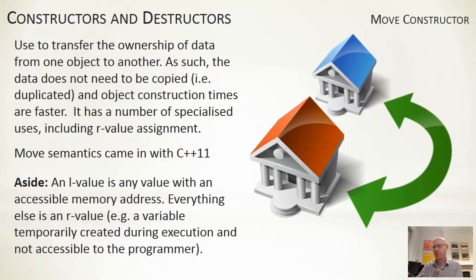Think about the other side, 3 plus 4, or two methods being called to give you an integer and you're adding them together. You're going to have to work out the sum of those two integers. That has to be stored within a variable, and that then gets assigned across into a. Now, the thing that they get added together into is a variable. It has to be created, it has to be set aside.